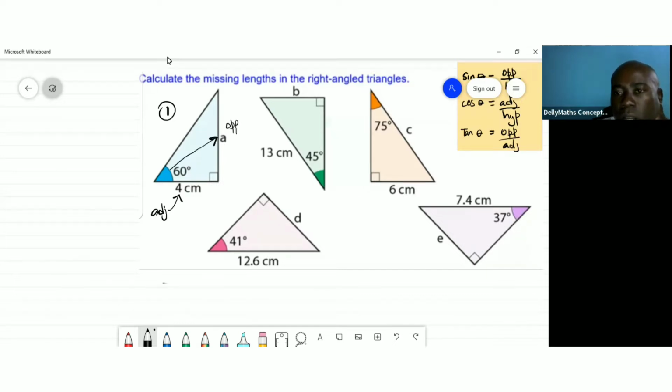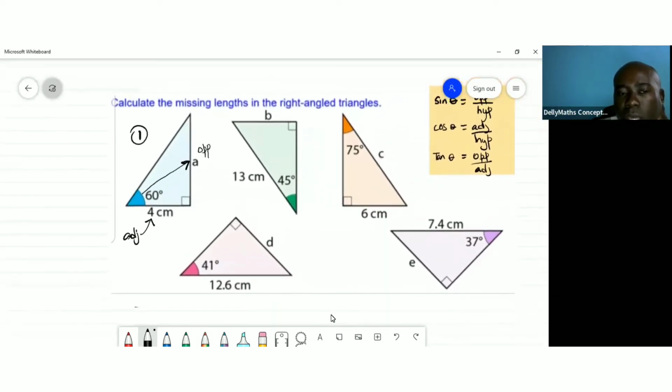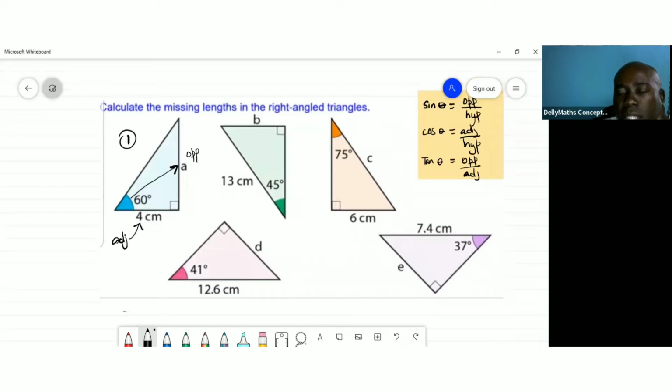So then we want to look at the trig ratios to see which one involves the opposite side and the adjacent side. And then we realize that it is a tangent, right? It is this one, tangent. It involves the opposite and the adjacent.